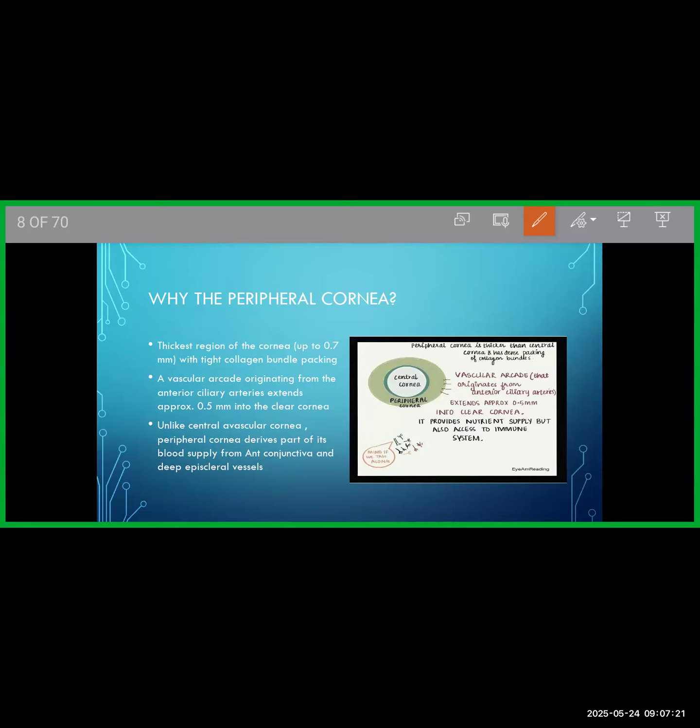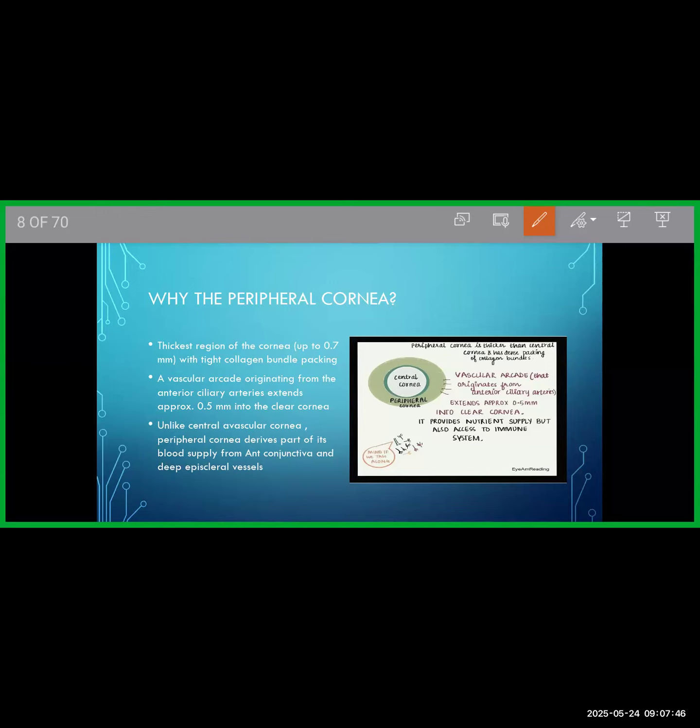The thickness accounts for about 0.7 millimeter with a tight collagen bundle pattern, and a vascular arcade originating from the anterior ciliary artery extends approximately 0.5 millimeter into the cornea. So these anterior ciliary arteries come from the conjunctiva through the limbus into the peripheral cornea.